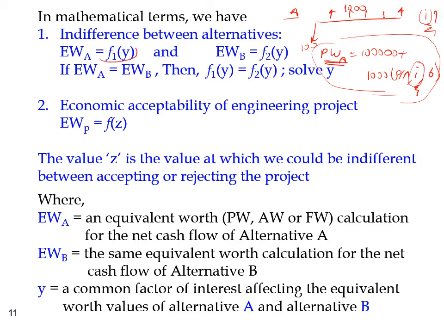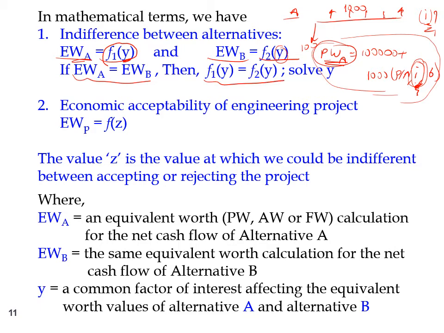Okay, so this f1 of i means we are writing the equivalent worth as a function of this factor. And for B, again, we write the equivalent worth of B with respect to this factor. And in order to find the break-even point, we set these two equivalent worths equal to each other. So the present worth of A, I will set it equal to the present worth of B, and I will try to find the value of this i, or you will try to find the value of y.